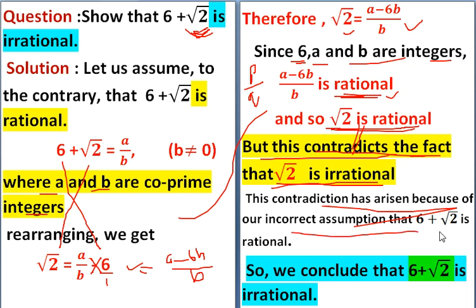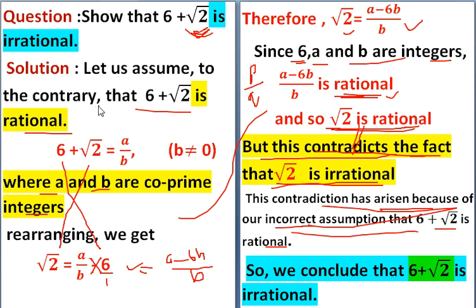This contradiction arises because we assumed 6 plus root 2 is rational. Root 2 is rational due to a minus 6b by b, which we found from assuming 6 plus root 2 is rational. Hence this contradiction arises due to the incorrect assumption.